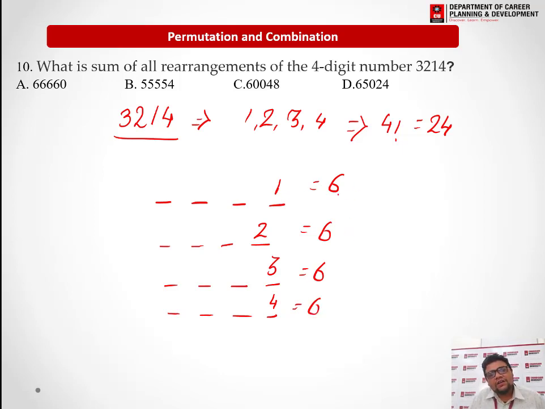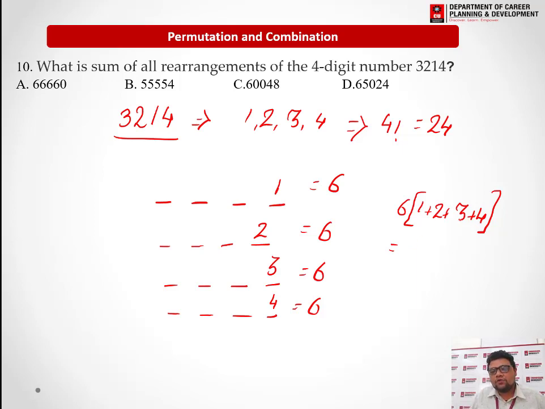So 1 will be added 6 times, 2 will be added 6 times, 3 will be added 6 times, and 4 will be added 6 times. So all of them will be added 6 times. So I will multiply 6 by 1 plus 2 plus 3 plus 4. Keep in mind, only the unit place digit sum will come out of this.